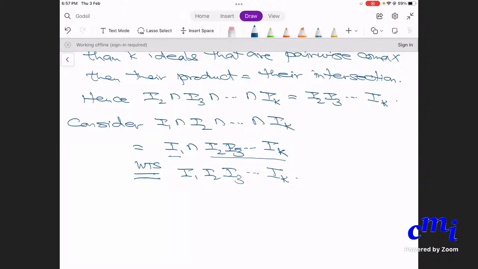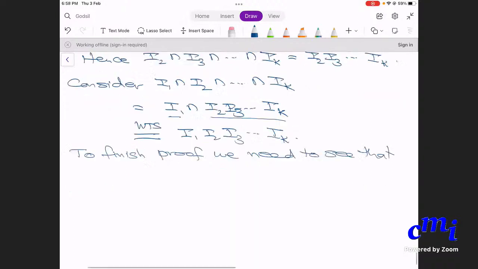So to finish the proof, we need to see that I1 and the product of I2 up to IK are co-maximal. That we don't know yet. We are not given that.